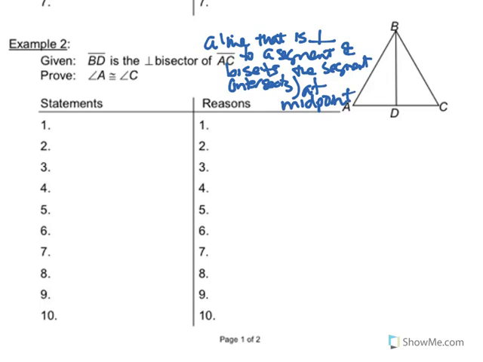So that's the definition of a perpendicular bisector. It's a line that is perpendicular, important, to a segment, and it bisects the segment at its midpoint, important.